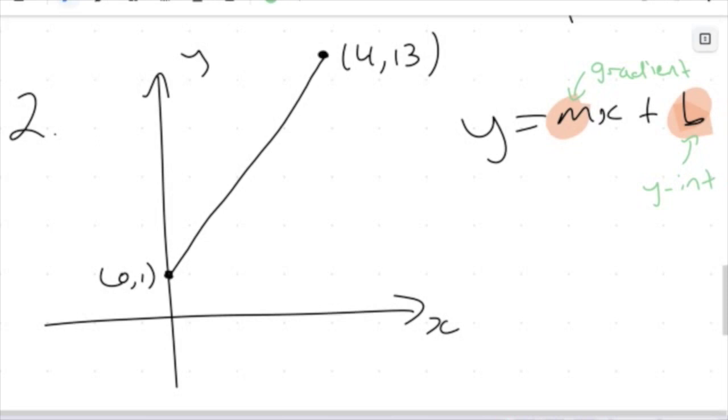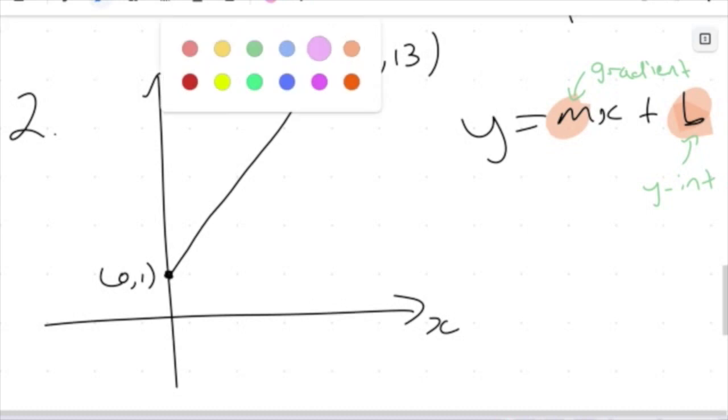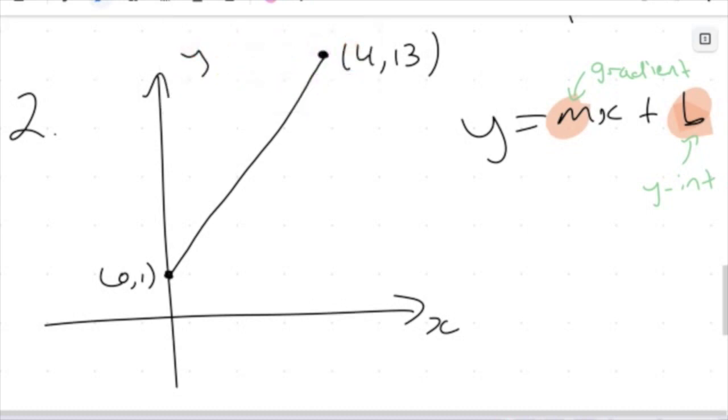So let's actually start with the y-intercept, because that's a little bit easier. Well, my y-intercept, we define that as where on the y-axis the line passes. And we can see here, this line is passing through the point 0, 1. And if we remember from last year, when x equals 0, we get our y-intercept.